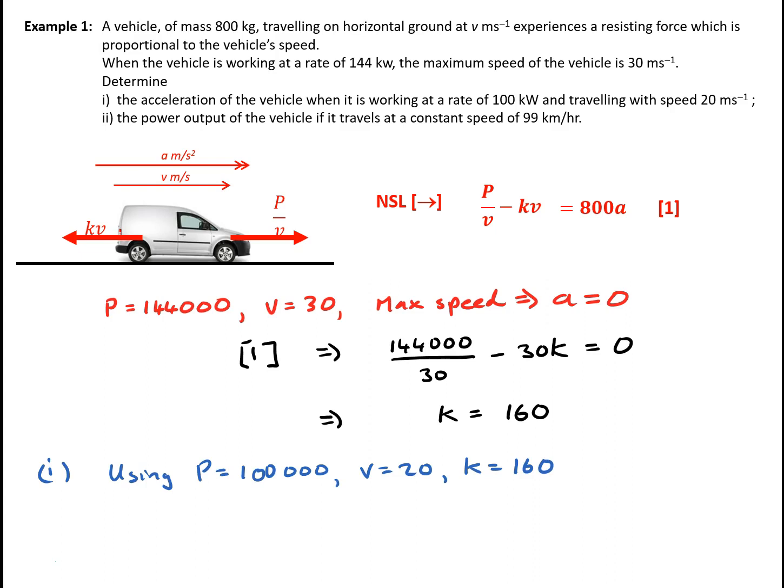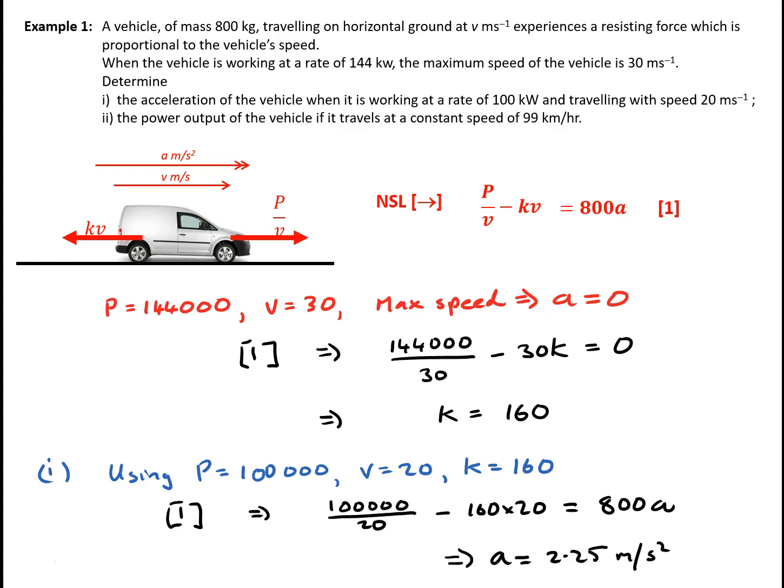So equation 1, P over V minus KV equals 800A, now becomes 100,000 divided by 20, take away 160 times by 20 equals 800A. And that very rapidly gives me A equals 2.25 meters per second squared.